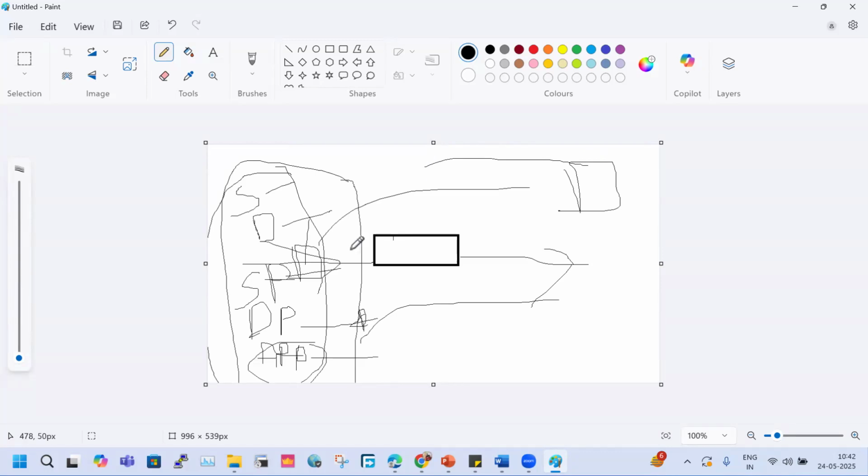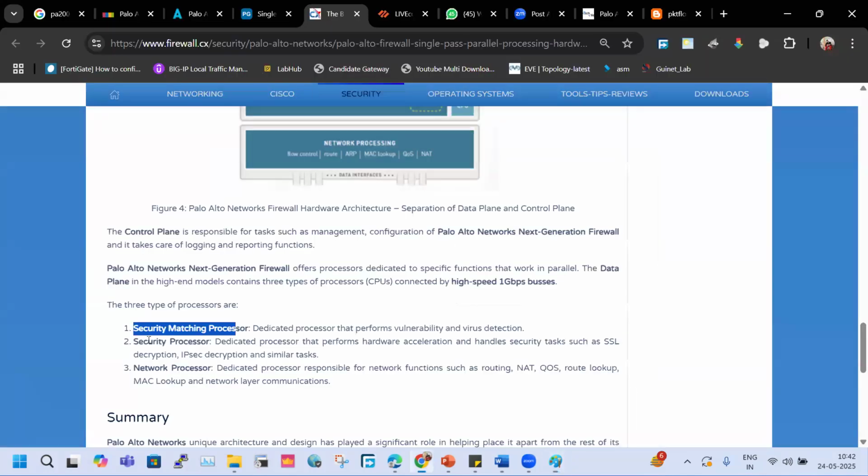Your security matching process will check for viruses, malware attacks, and all your vulnerability protections, whether it has any flaws, any virus, any Trojan worms, or whether it is legitimate traffic or not. If it finds anything malicious, it will drop the packet. If it doesn't find any malicious traffic, it will allow the traffic. On what parameters will it scan and filter?